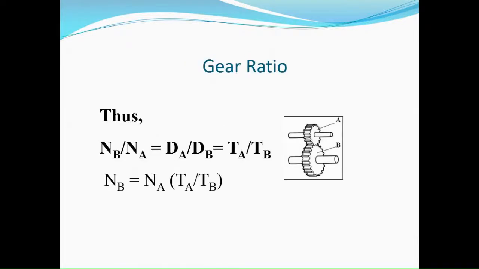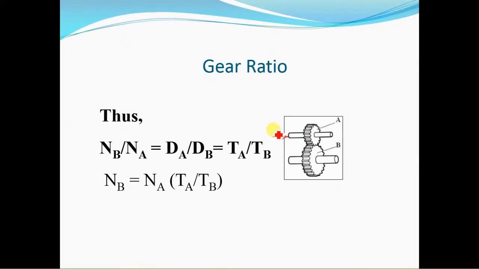Here there are two gears, gear A and gear B, shown here. This is gear A and this is gear B. Any gear can be represented as a driver gear or as a driven gear.